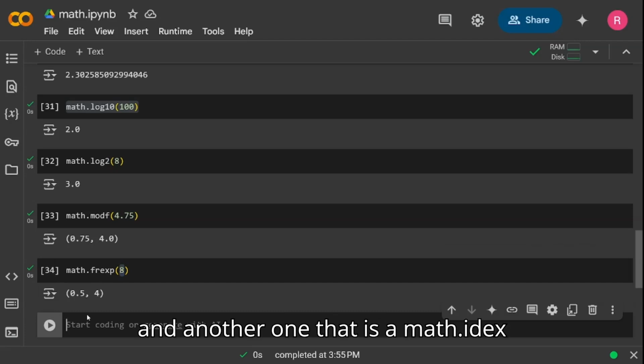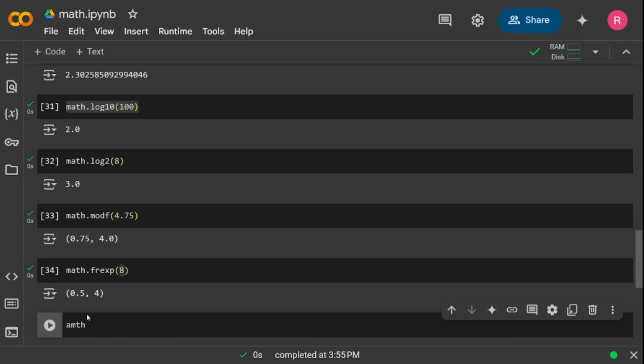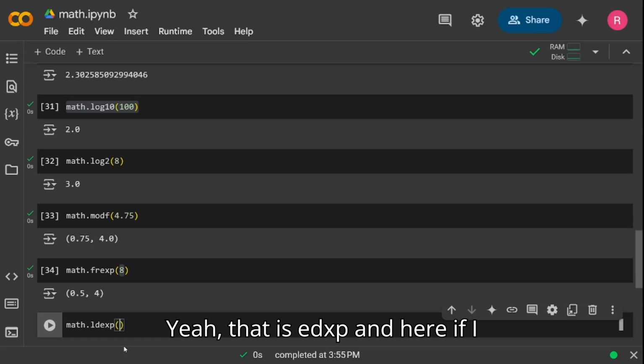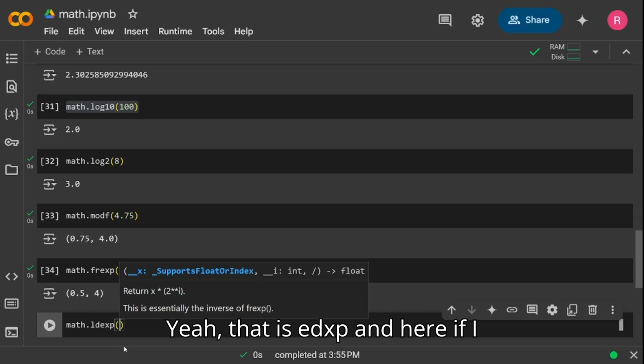And another one is math.ldexp, sorry, it's ldexp. Yeah, that is ldexp, and here I write two numbers.